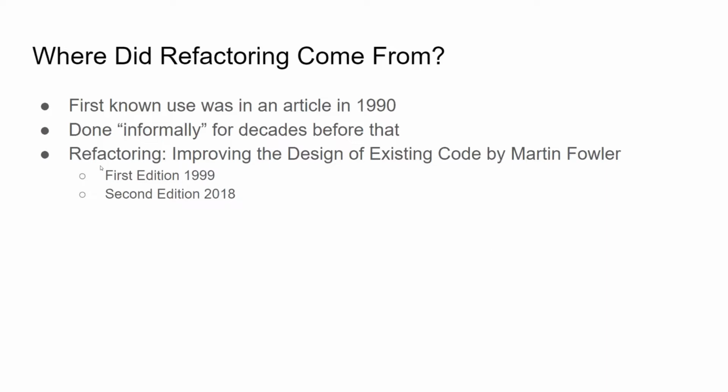I don't know if you can see me in my video, but I'm holding a book. That's the refactoring book by Martin Fowler, Improving the Design of Existing Code. I've read the first edition about 3 times, and I'm going to be starting the second edition shortly. I've just finished Clean Agile by Robert C. Martin.